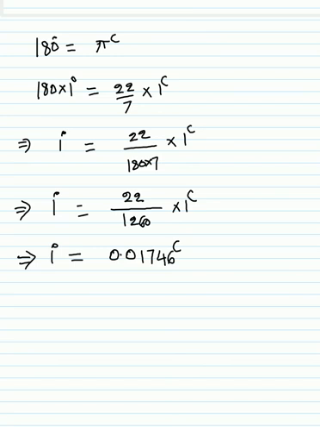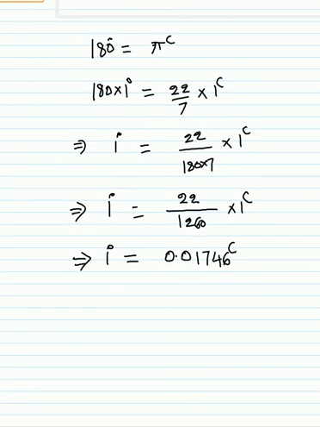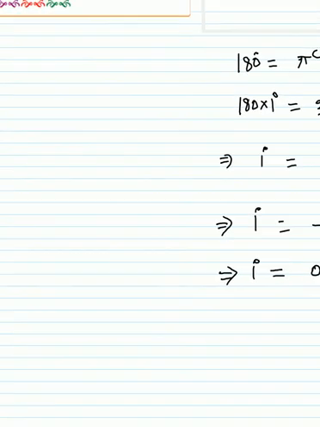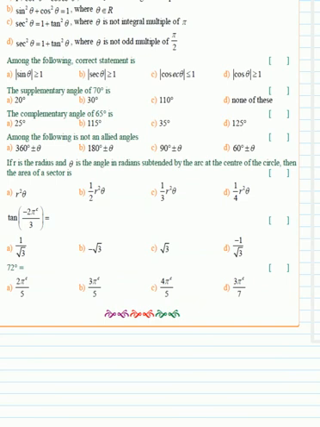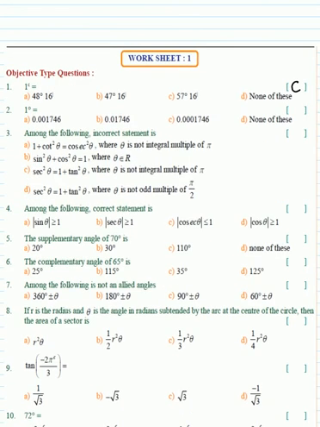So then after you get 1 degree is equal to 0.01746 radians. So the second question answer is 0.01746 Bombay. So now let us see among the following the correct statements.